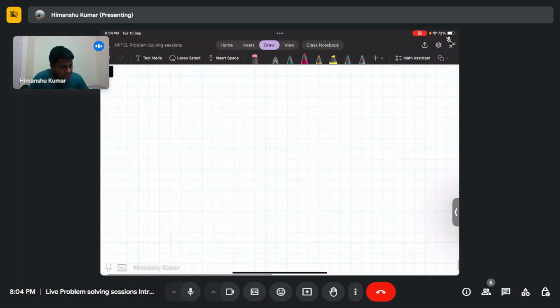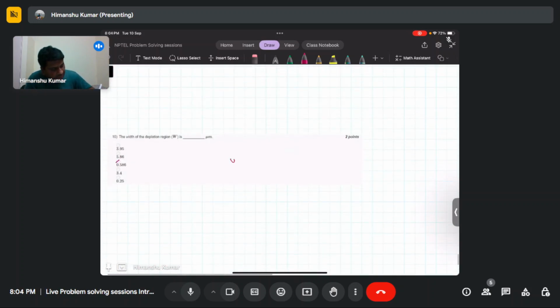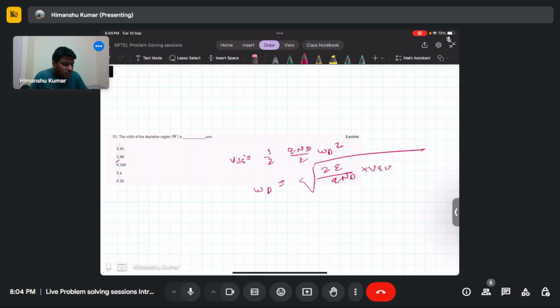So the surface potential Vs, which is Vsi, will be equal to half of Q N d by epsilon times W d square, and W d you can calculate like square root of 2 epsilon by Q N d times V of Si. So if you take the mod of V of Si, 0.29, and epsilon is given, N d we calculated, q is given, you can calculate the value of the depletion.